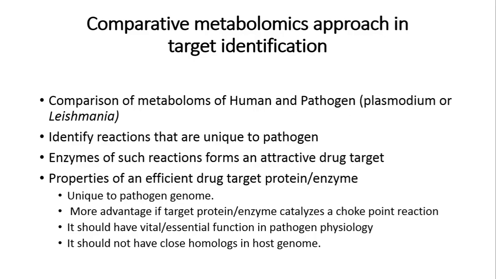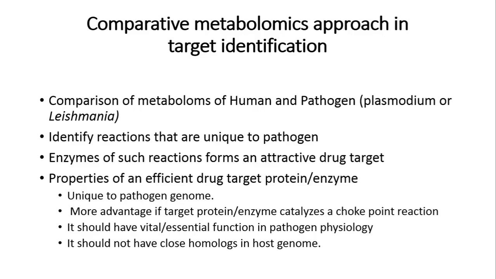So if you want to find out some drug target using this comparative metabolomics approach for any pathogen like Plasmodium or Leishmania, what you would do is compare the metabolome of these two organisms.